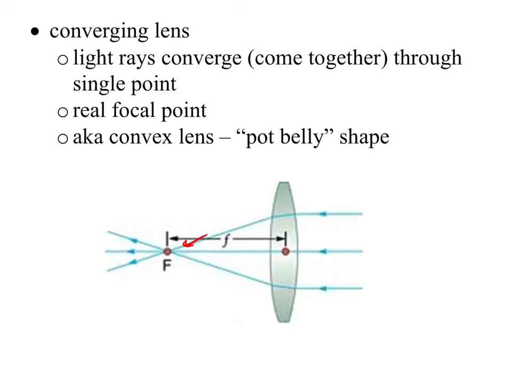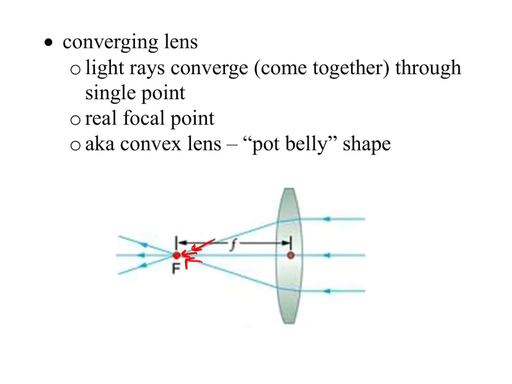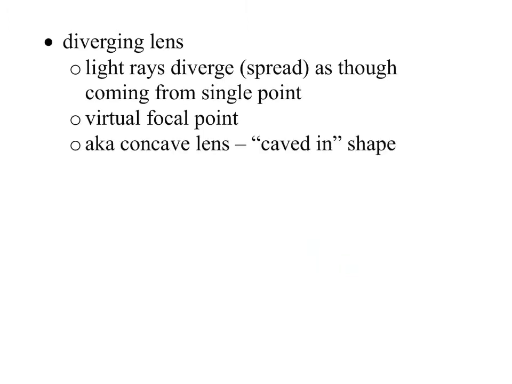All the light rays actually go through this focal point right here on the other side of the lens. Okay, so that's what that means. Since it has a real focal point, it means that all these light rays are actually intersecting and going through that, okay?